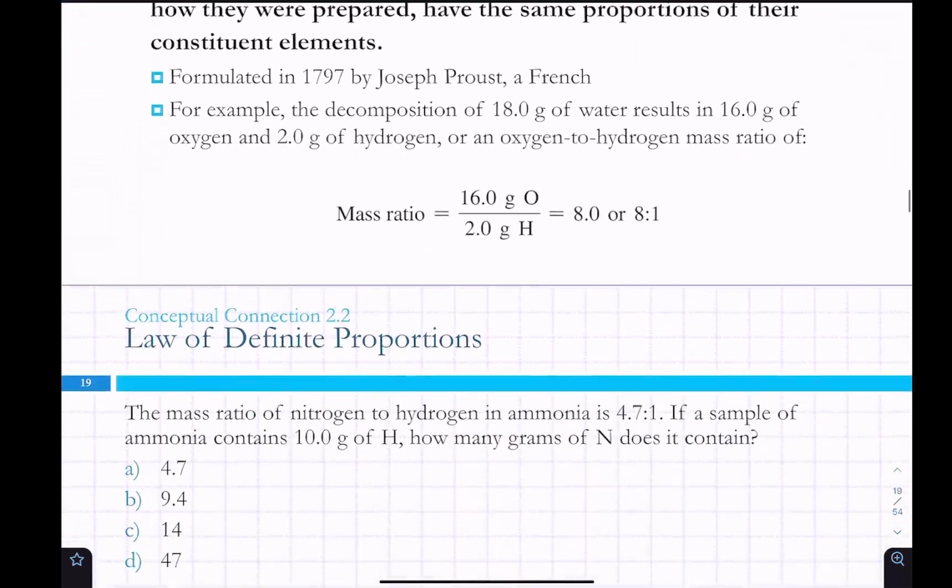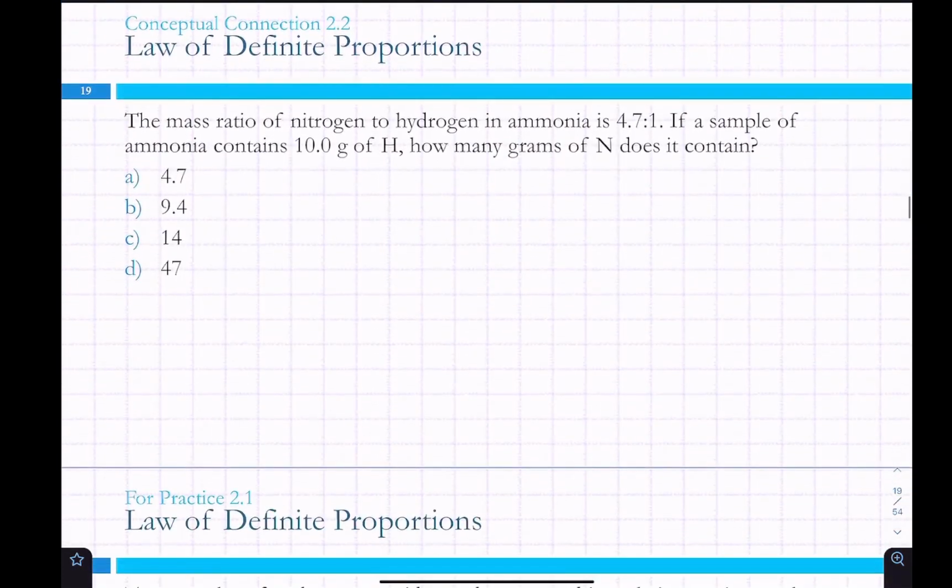Okay, I believe this is the first one that's on that sheet. So the mass ratio of nitrogen to hydrogen in ammonia is 4.7 to 1. If a sample of ammonia contains 10 grams of hydrogen, how many grams of nitrogen does it contain?